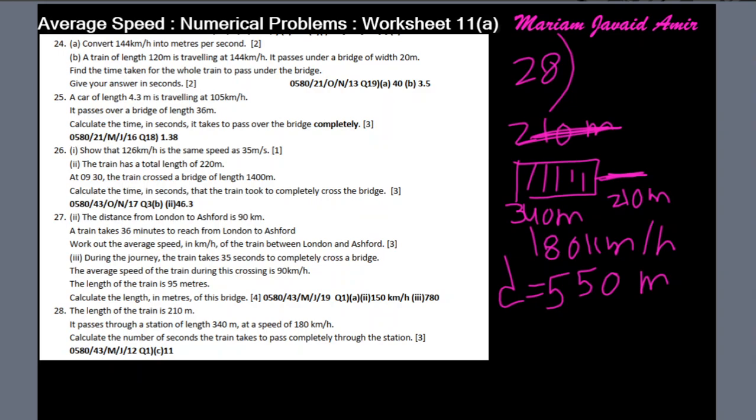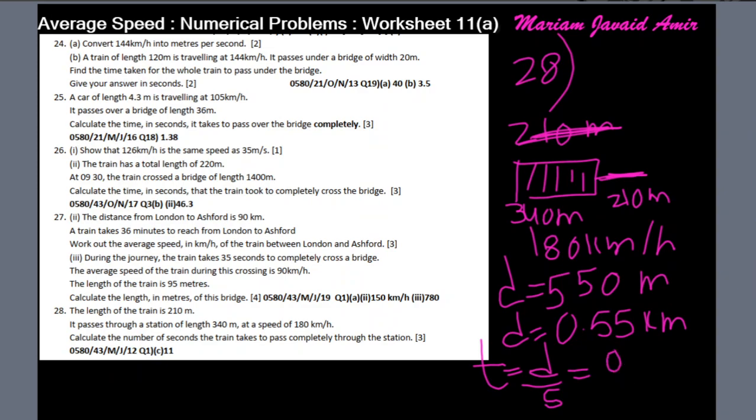But since the speed is in kilometers per hour, let's write it as 0.55 kilometers. And then we need the number of seconds, which means we need the time. Time is distance over speed, and distance was 0.55 and speed was 180.